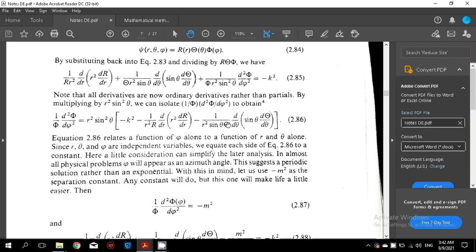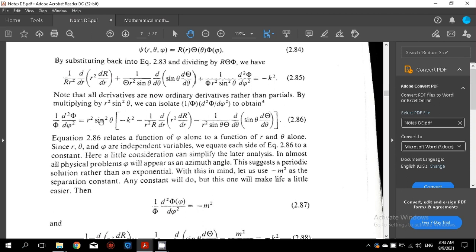So what do we conclude from equation 2.86? Now if you look carefully, the left hand side depends only on the variable phi, and on the right side of this equation you will not see phi anywhere. So the right hand side of this equation is independent of phi, whereas the left hand side has phi.